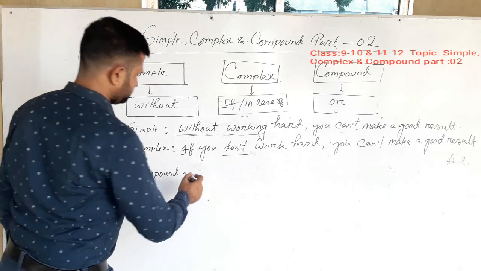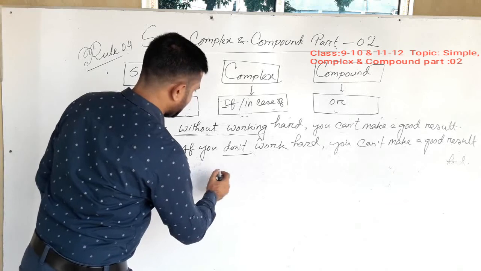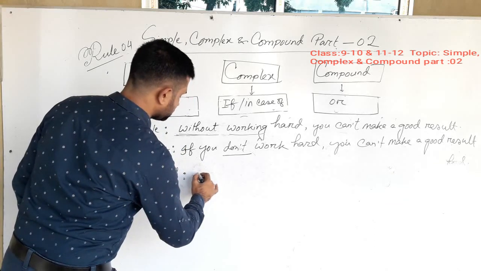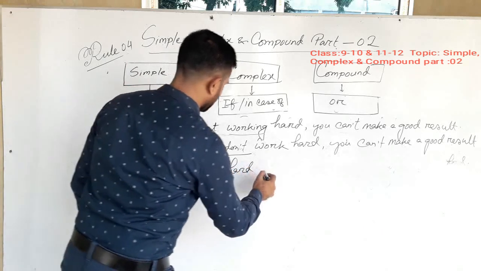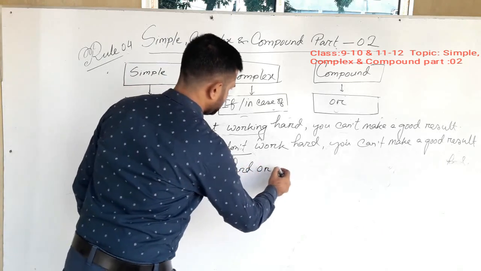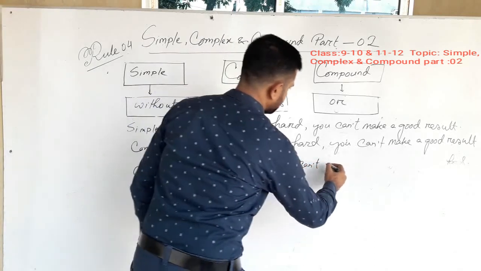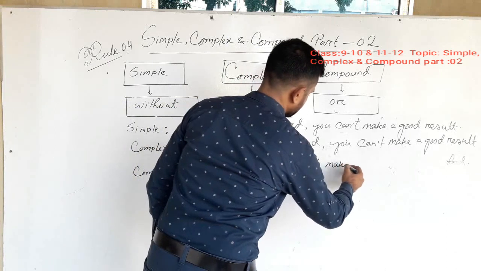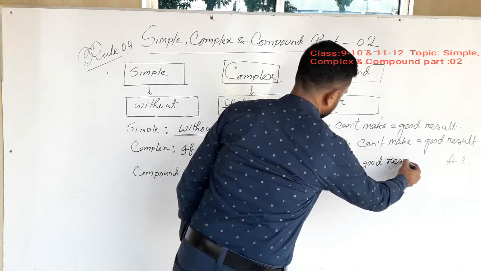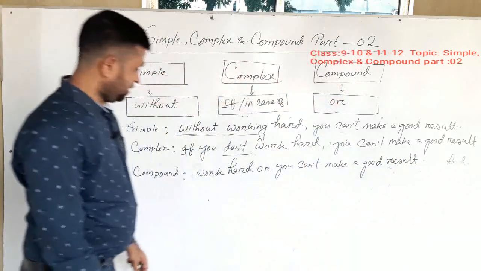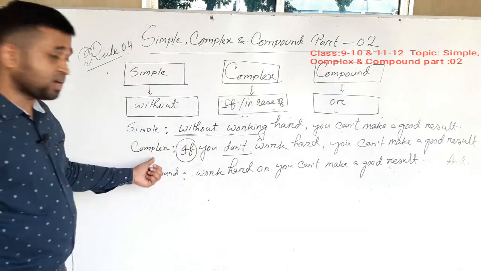Write down: work hard, or you can't make a good result. And by seeing "if", you can say that this is the complex sentence.